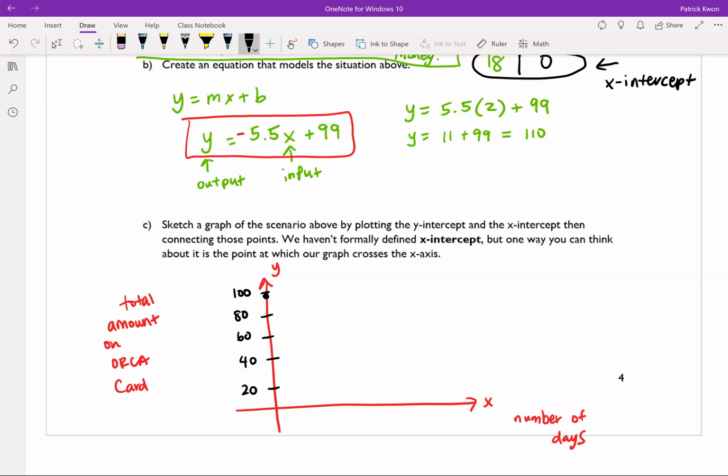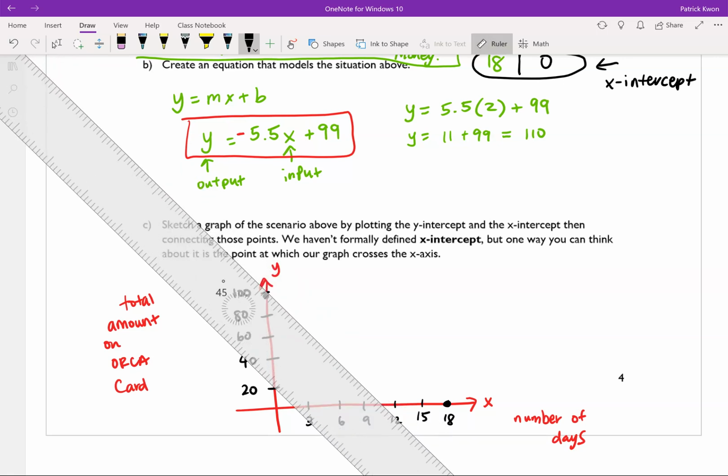So I'm going to go by, let's see, we could go by 3s. So 3, 6, 9, 12, 15, 18. So I'm going to plot my x-intercept there, and I'm just going to connect those dots now.